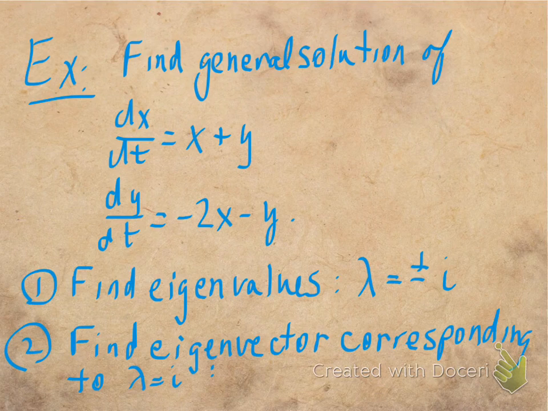Second step is to find the eigenvector corresponding to lambda equals i. So in the complex case, we just need to find one of these eigenvectors, and then we will take its real and imaginary components. So do that. And you should have found that k1 is negative 1/2 minus 1/2 i, 1.